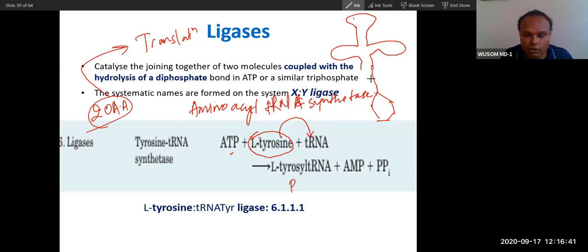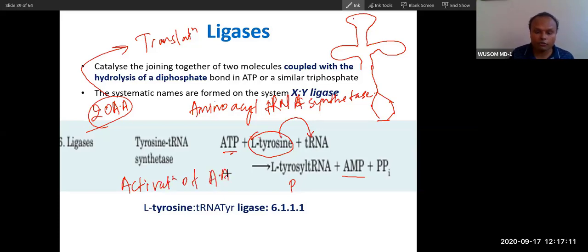So this is a ligase, it joins the bond. Here you can see ATP is being converted to AMP, two high energy bonds are utilized. This is a very specific enzyme, you will see about 20 types of aminoacyl tRNA synthetases. This is the first step of translation, called activation of amino acid, so this is the activated amino acid.